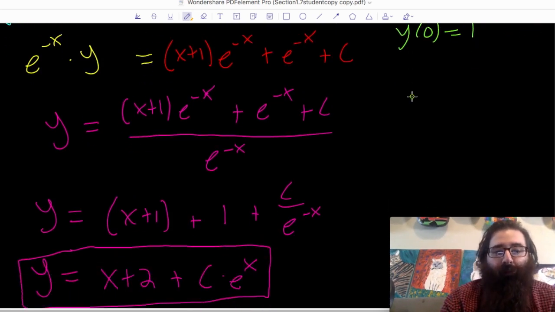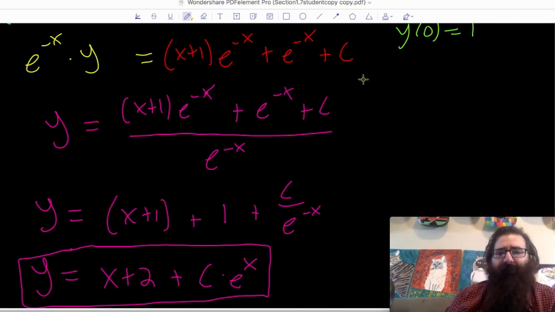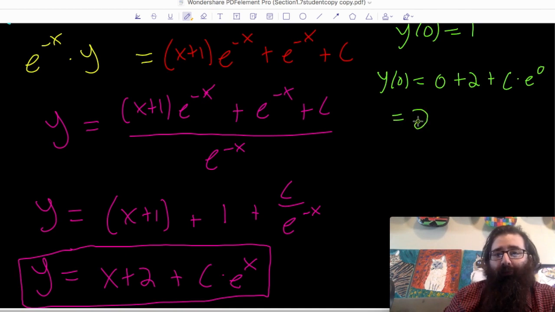So I can go ahead and work with that to solve for my constant c. If I plug 0 in for x, I get y at 0 is 0 plus 2 plus c times e to the 0. 0 plus 2 is just 2. E to the 0 is 1, so c times 1 is c. So 2 plus c equals 1. And if I subtract 2 on each side, I get c equals 1 minus 2 gives me negative 1.